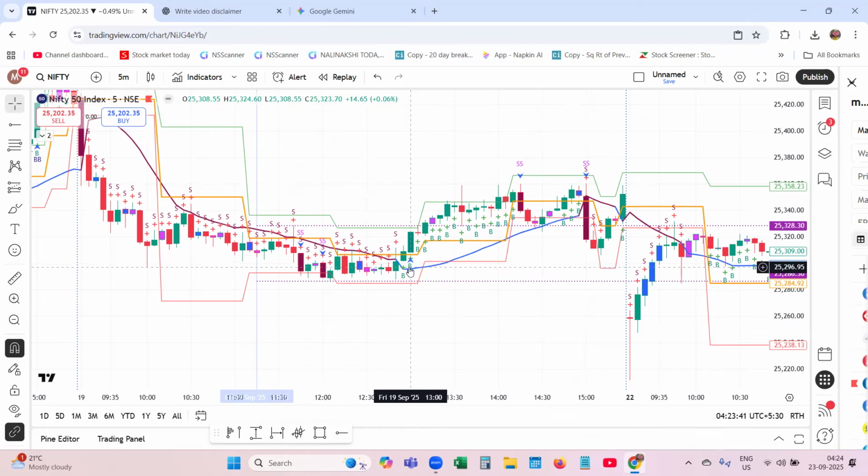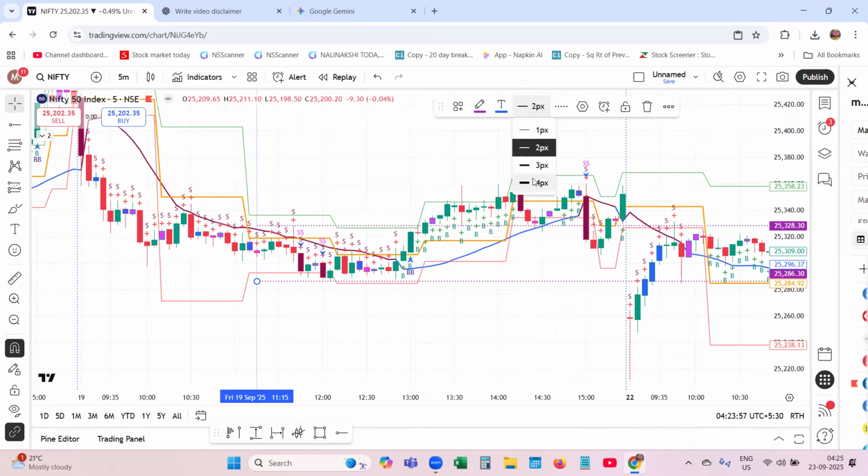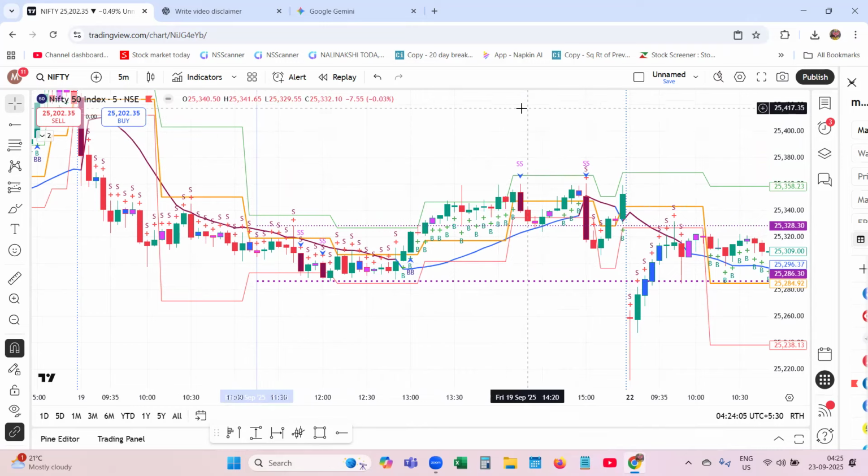Now you can see over here, with the hourly, what you are going to do is you are marking the high and low of the third hour candle like this. I have marked, let me make it dark so that you will see very nicely.